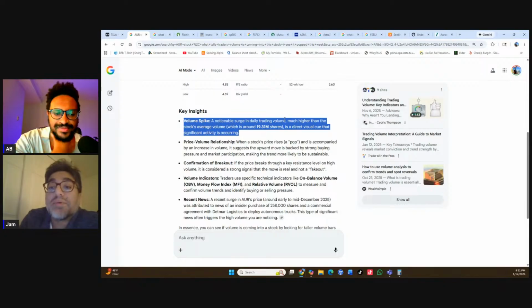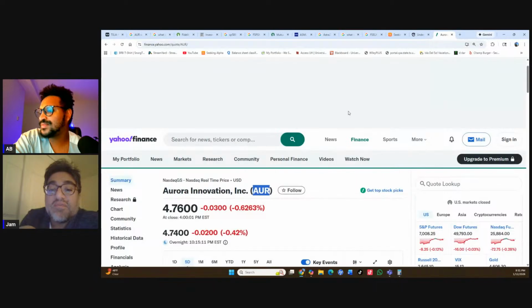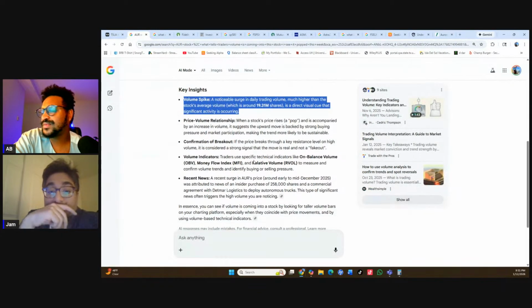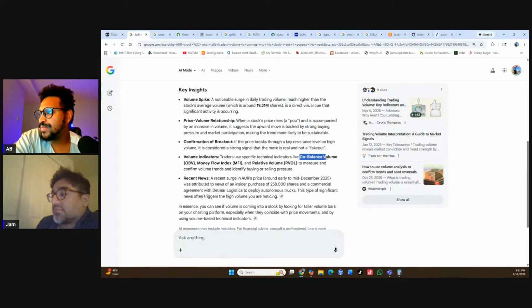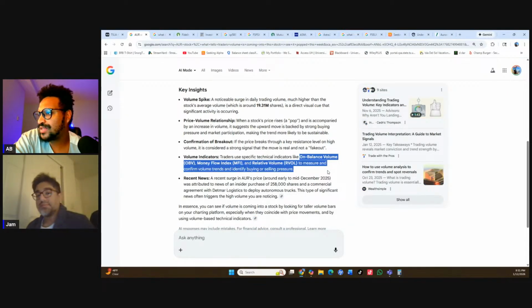If you open up Snap, I think the volume would definitely show you guys need to jump out now. A noticeable surge in daily trading volume, much higher than the stock's average volume, is a direct visual cue that significant activity is occurring. The on balance volume, money flow index, and relative volume measure and confirm volume trends.